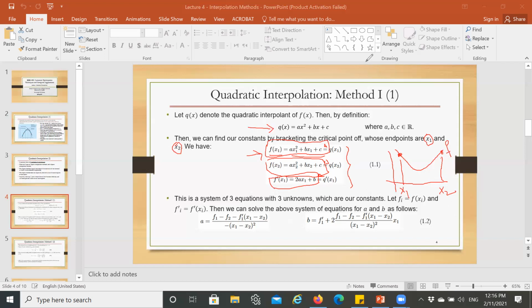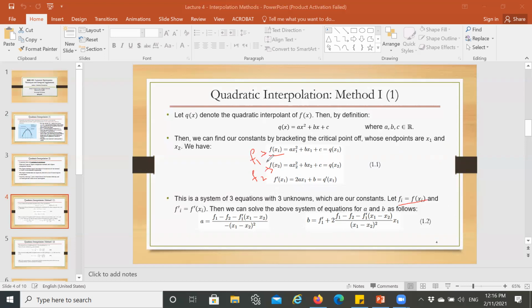Just for the sake of simplicity, I replace f of x1 with f of 1 and f of x2 with f of 2, and f prime of x1 with f prime of 1, just to make our equations look more beautiful.